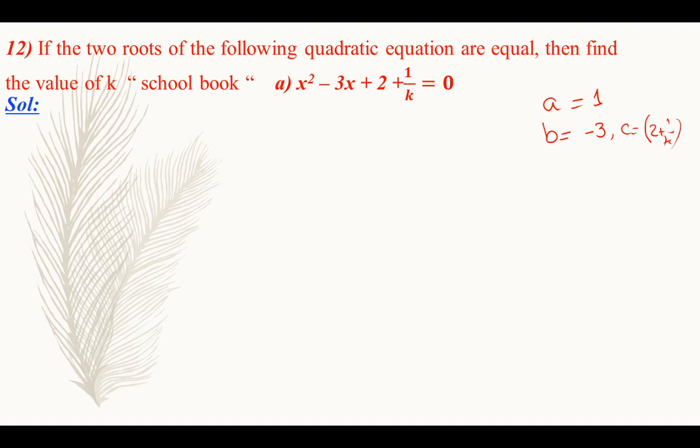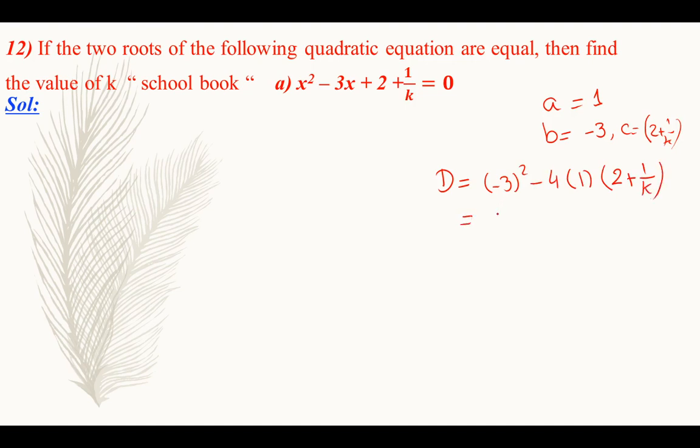So the discriminant will be b², negative 3 all to the power of 2, minus 4 multiplied by a, which is 1, multiplied by c, 2 plus 1 over k.